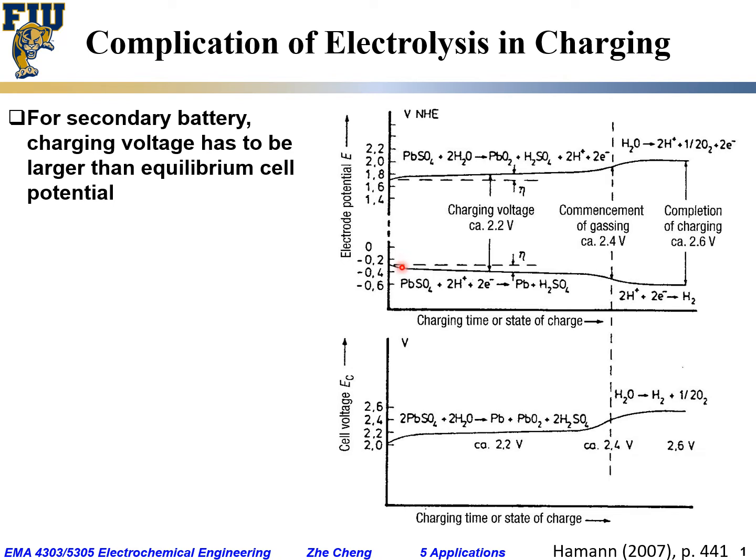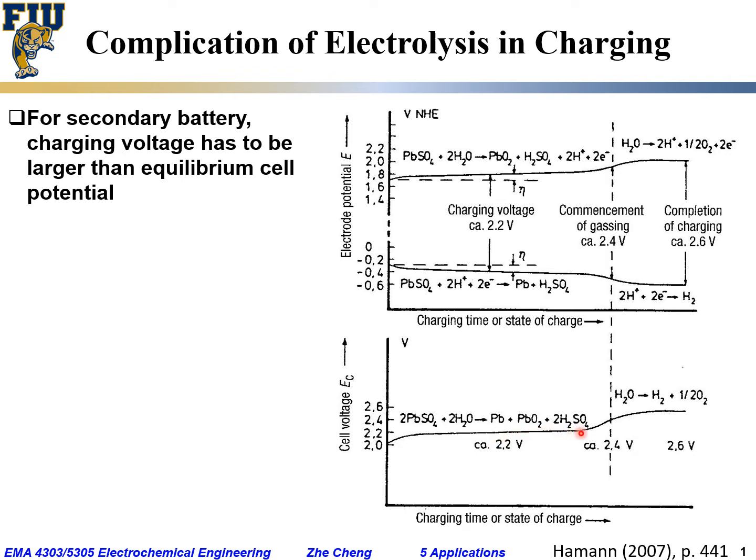And as you can see, with increasing charging time or state of charge, the overall applied voltage gradually increases. Initially rapidly, and then relatively stable, but with a quite slight increase.